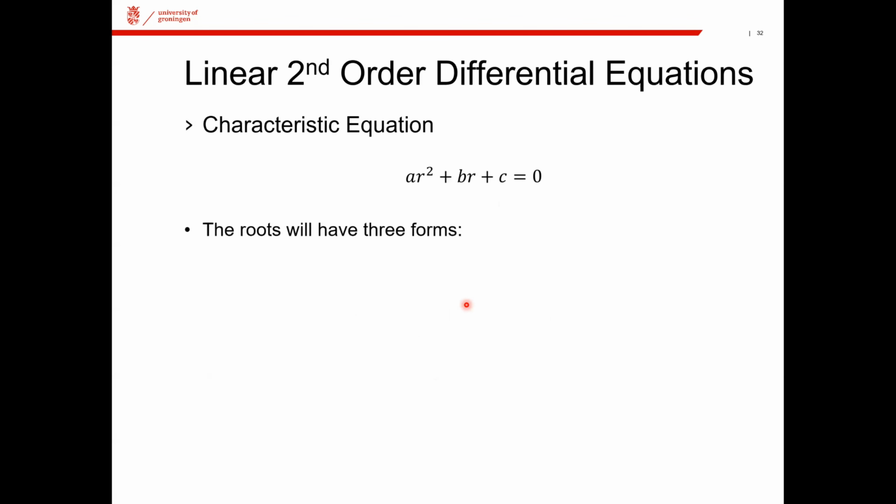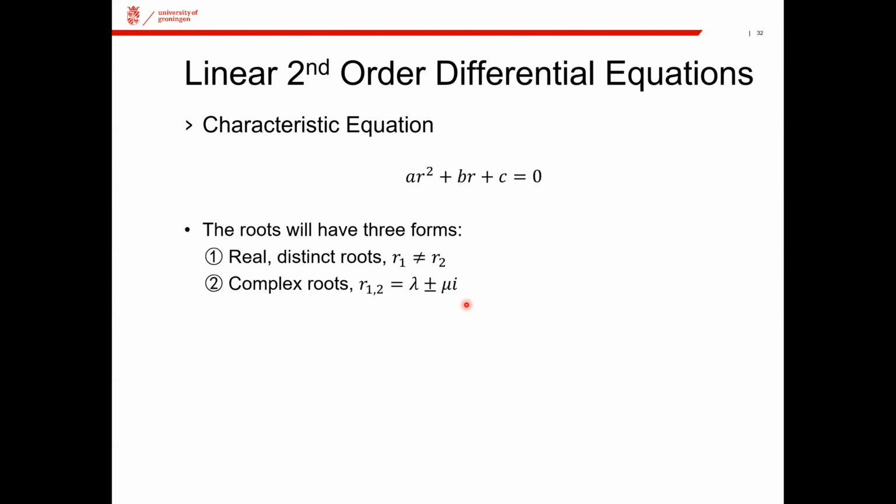Yeah, for the characteristic equation, the roots will have 3 forms. The first form is that the 2 roots are real distinct roots, so r1 is different from r2. And the second type is complex roots.